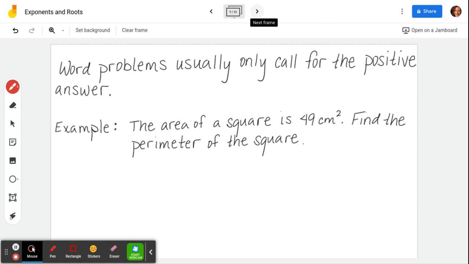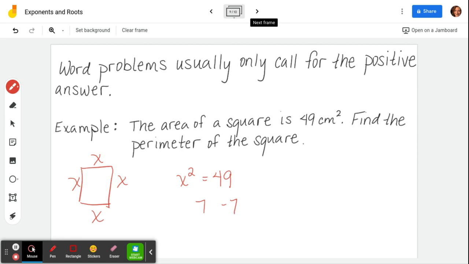So this is saying you take something times itself and you get 49 because in a square, every side is the same, right? So if I call them all x, to find the area of that square, I take x times itself. Well, on the page I just showed you, we would have said for this 7 and negative 7.